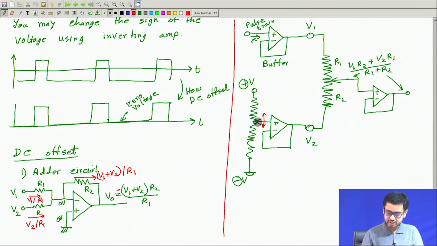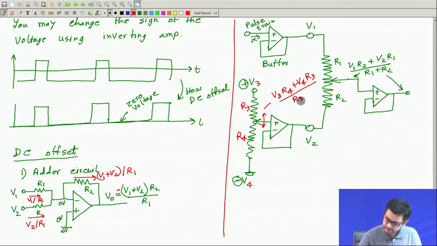And this voltage you can again express with this potential divider rule. Similarly, this multiplied by this resistance plus this multiplied by this divided by whole resistance. Okay, let me write R3, R4. Let me call this V3, V4. Then this potential is (V3 R4 + V4 R3) / (R3 + R4).